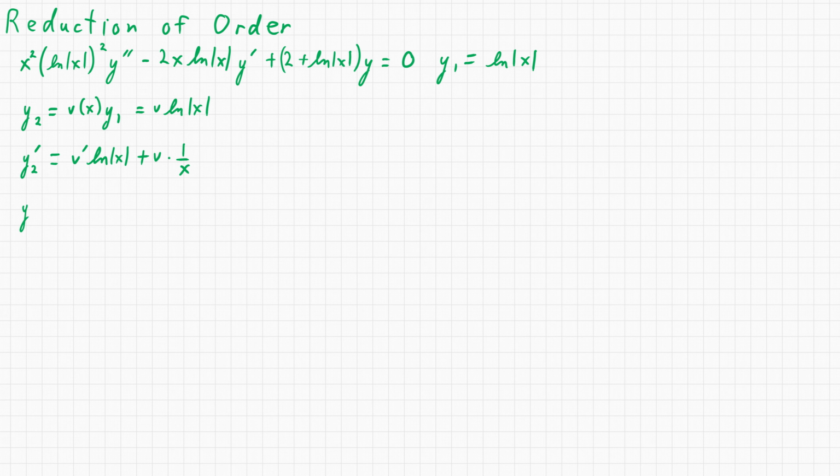Then we have y2 double prime. We'll get v double prime times natural log absolute value of x. That's the first half of the product rule from this first term. We have the second half, so we'll end up with v prime times the derivative of natural log, so that's 1 over x. Now onto the second term: I'll get v prime times 1 over x.